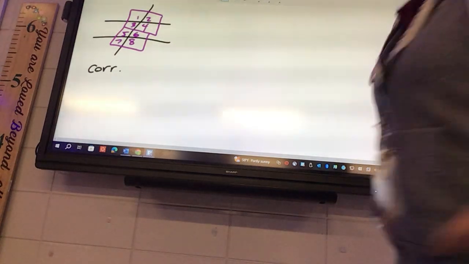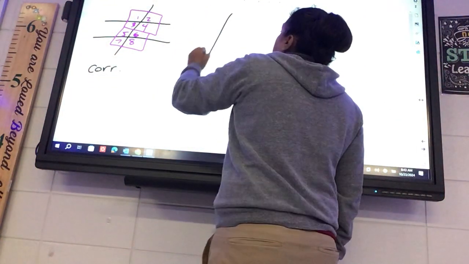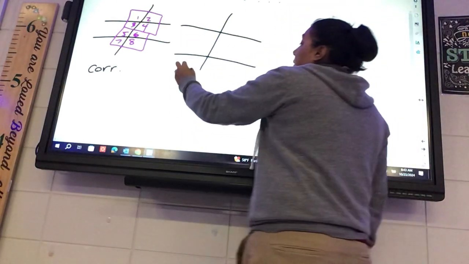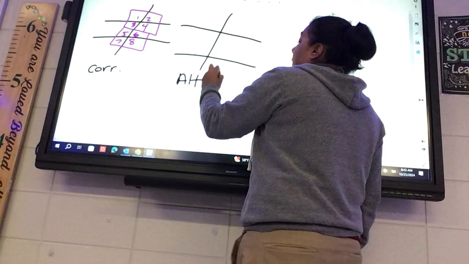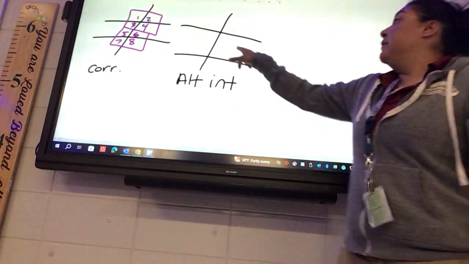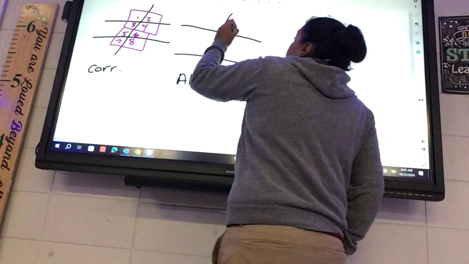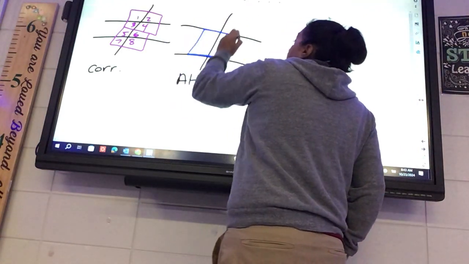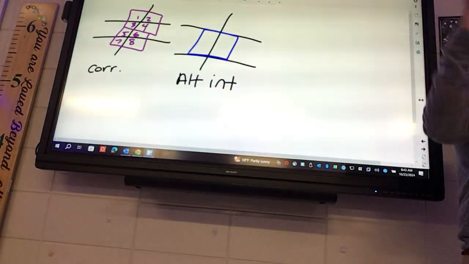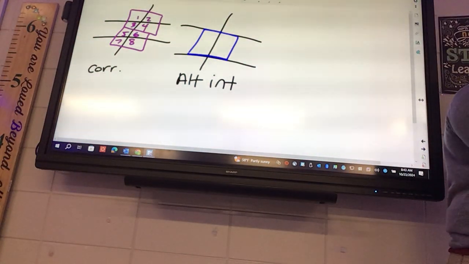The next one is alt interior. First of all, interior means it has to be on the inside, so it has to be in here on the inside of these squares. Alternate means on opposite sides of that transversal line, the line that cuts through both.